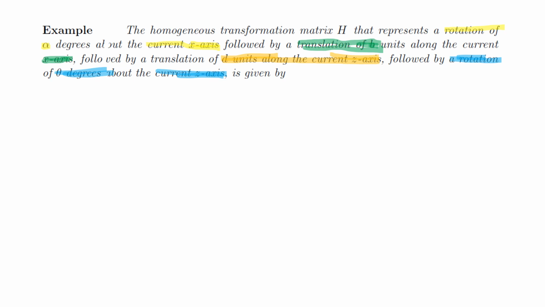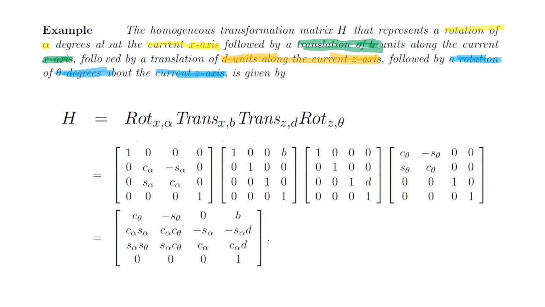So if you have that arrangement and you know the current frame of reference arrangement, all you have to do is to multiply these four basic transformations in the same order. And when you do that, this is going to be your answer. And this final transformation over here is indicating that you have these two translations and two rotations multiplied together, giving you this matrix.